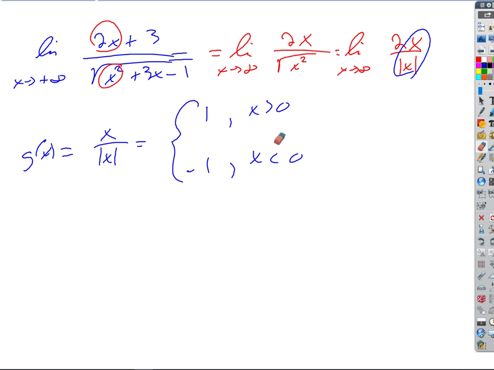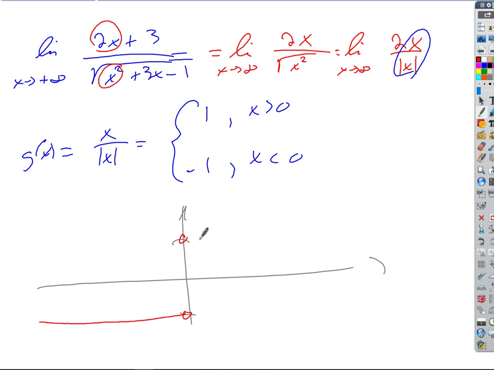Okay, so then we're just multiplying 2 by this piecewise function. So whenever we see either an absolute value of x over x or its reciprocal, that's a graph you always want to be thinking of, right? We drew this earlier. It's just this graph. And so all we're doing is multiplying 2 by that graph, so it's just stretching it up by 2. That's our answer.